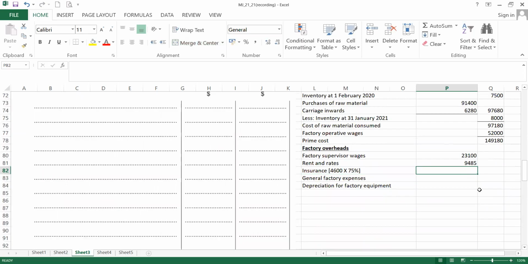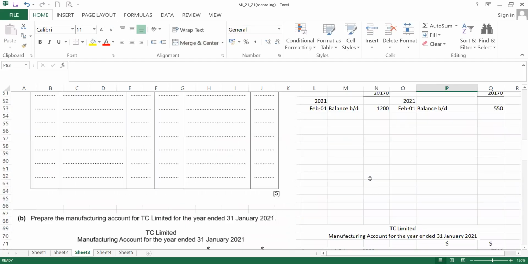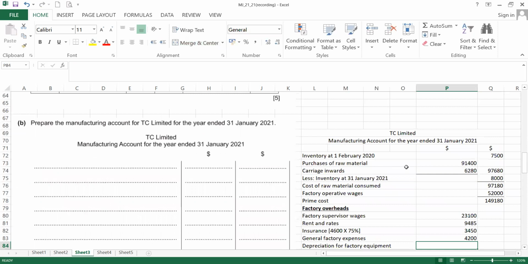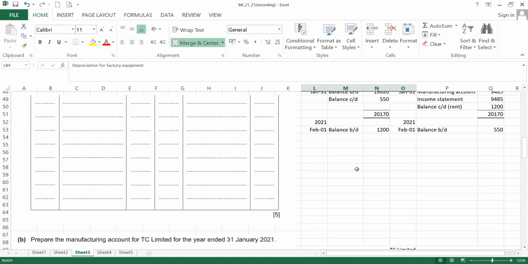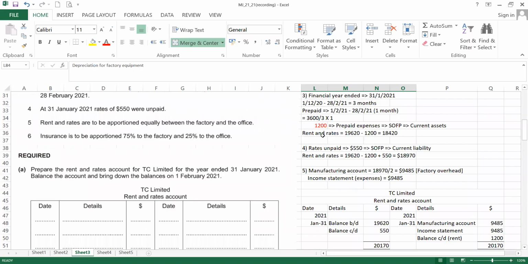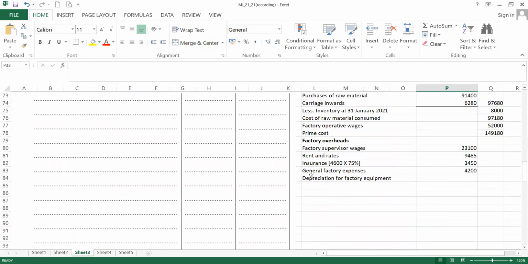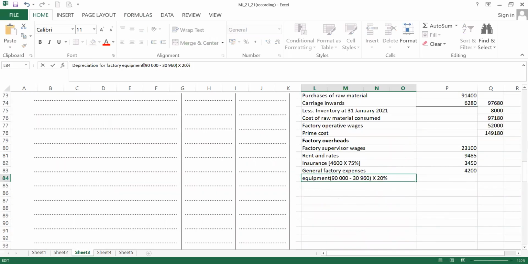So we calculate 4600 times 75%. General expenses, no adjustment, so general expenses 4,002. And then depreciation. Just now we calculated the depreciation. That's the depreciation. This is the working, so copy the working and put it at the back.